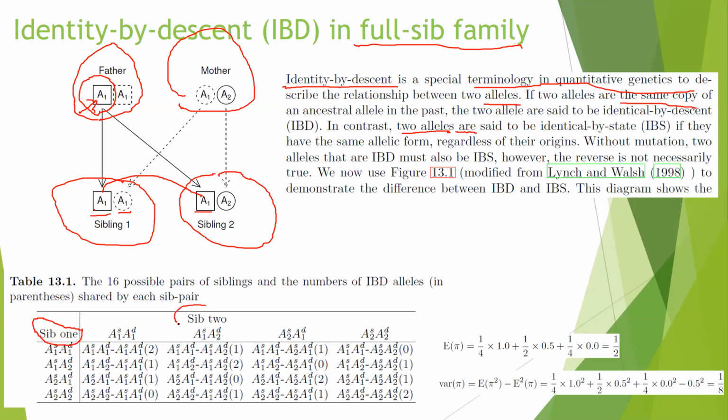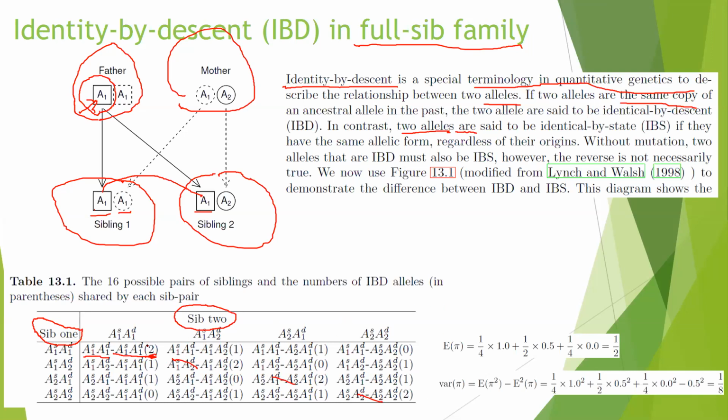If you compare sib 1 and sib 2, there are 4 by 4, the 16 possible combinations. For example, if both alleles are IBD, then there are two IBD alleles. So the diagonal entries represent this situation.